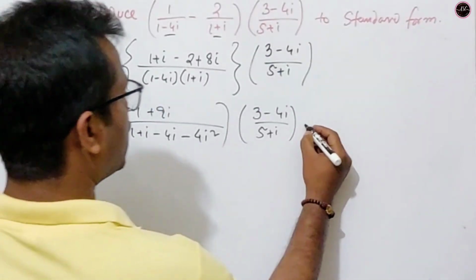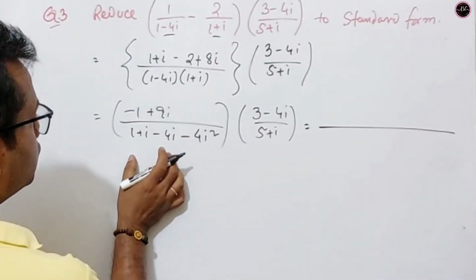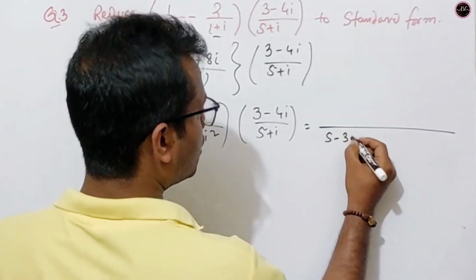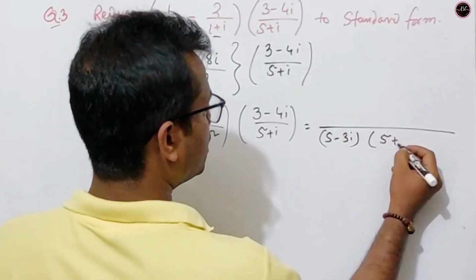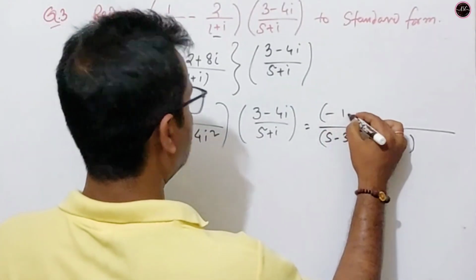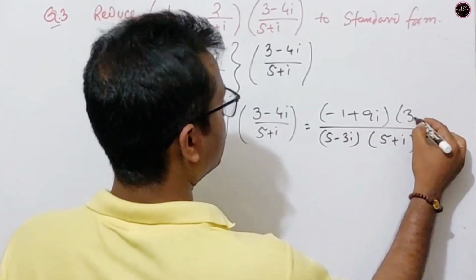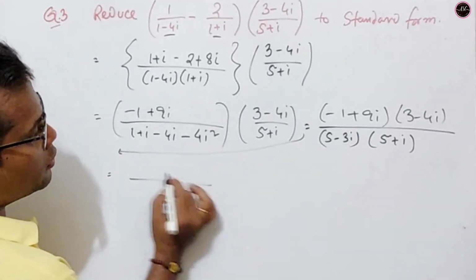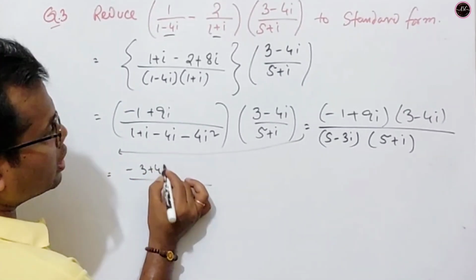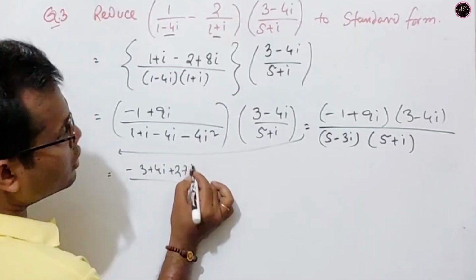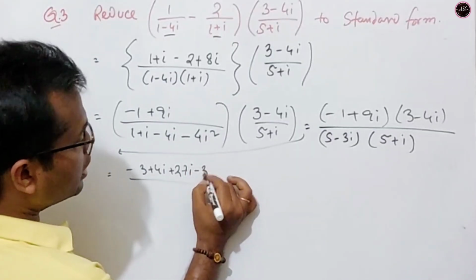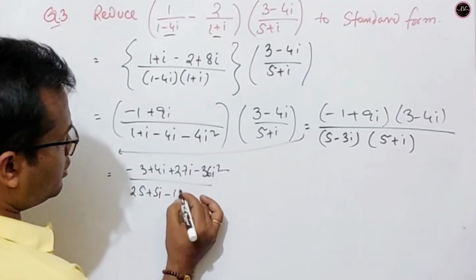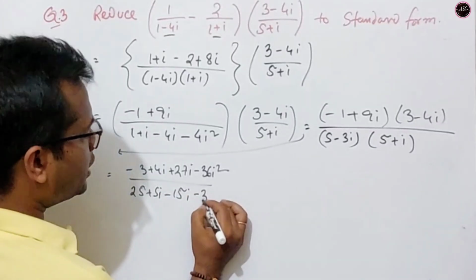Just multiply this. We have, just look here, 4 plus 5 minus 3i, and here I plus I, and here minus 1 plus 9i, and 3 minus 4i. Just multiplying, we have minus 3 plus 4i plus 27i minus 36i square, and here 25 plus 5i minus 15i minus 3i square.